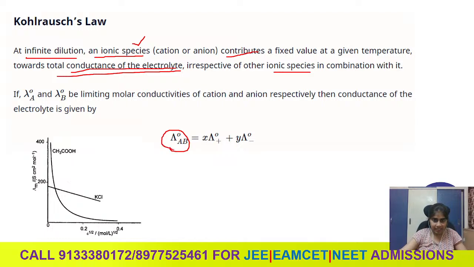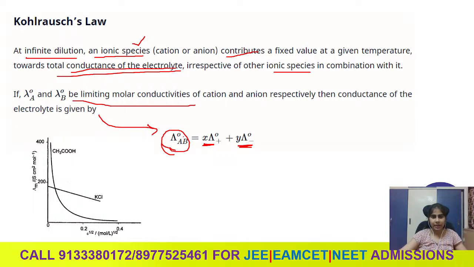Here we are taking a solution at infinite dilution. There may be X molar of its ions and Y molar of its ions. That can be seen by applying this Kohlrausch law. If lambda naught of A and lambda naught of B are the limiting molar conductivities of cation and anion respectively, then the conductance of the electrolyte is given in this way.